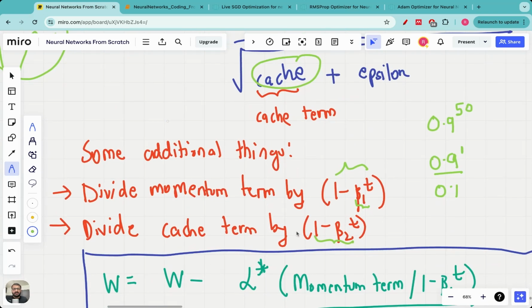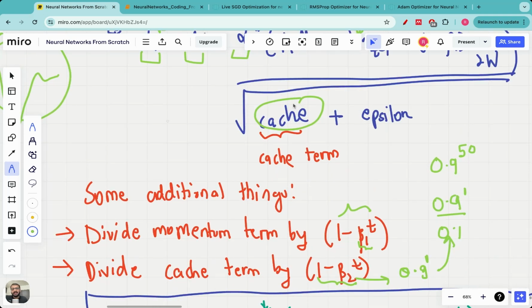Similarly, for the cache term, if beta 2 is equal to 0.9, if t is very high, this term will be approximately 0, so it will be like dividing by 1 and no changes at all at a higher number of iterations. But at iteration number 1, this will again be 1 minus 0.9 raised to 1, which will again be 0.1.